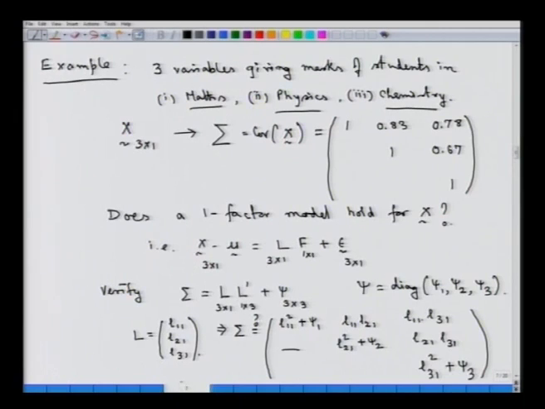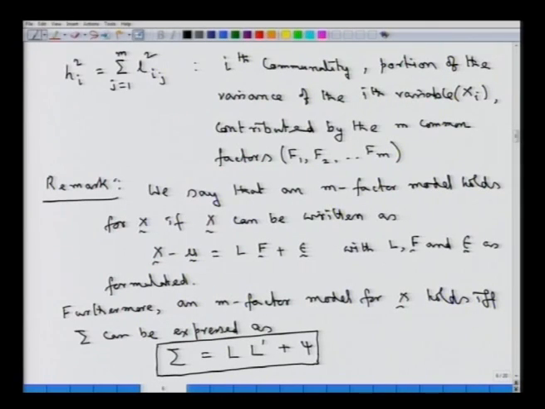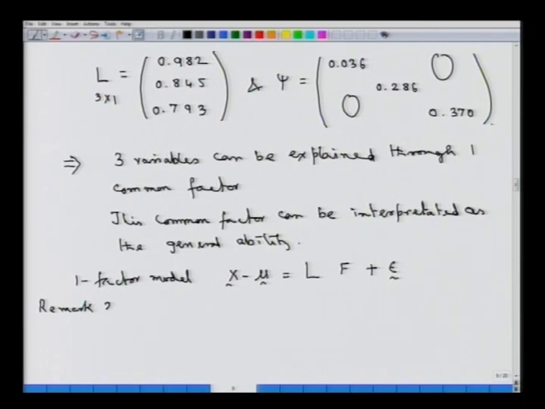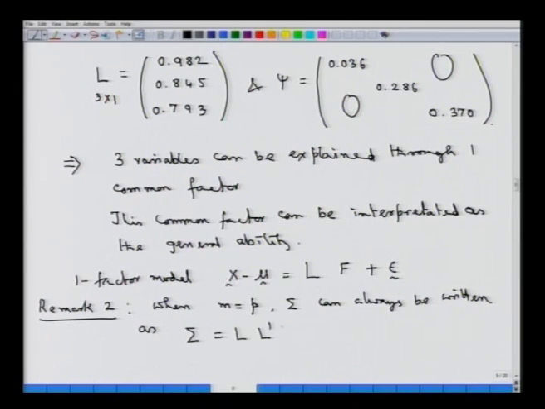We had given some numbers to the remarks. So, let me just write this as remark number 1. Then remark number 2 is that when we take m to be equal to the number of original variables p, sigma can always be written as sigma equal to LL dash plus psi, with psi equal to a null matrix.